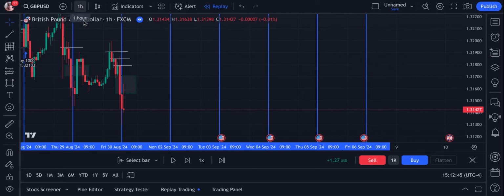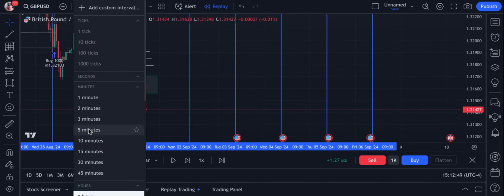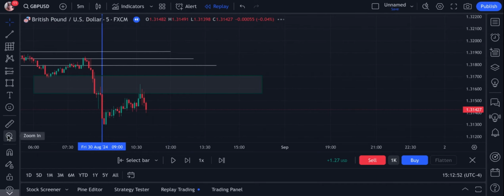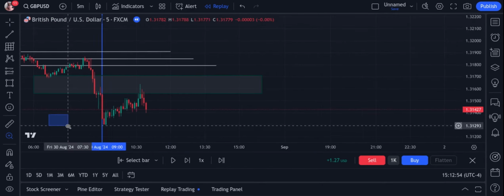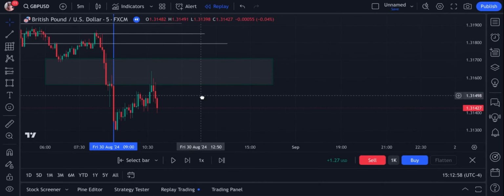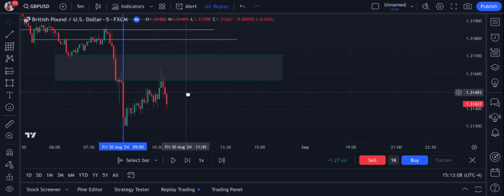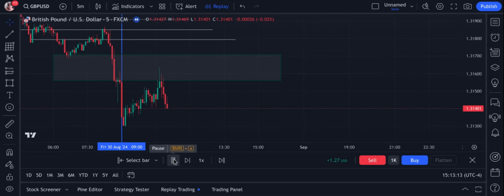Let's take a look at it. Price entered in, and then price has yet to break structure to the downside. But price did enter into the fair value gap. Now just wait for a break of structure.